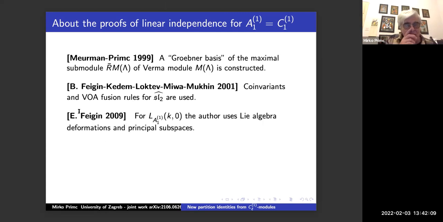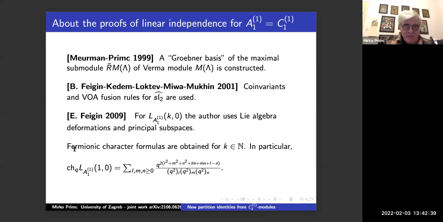And then Evgeny Feigin, for vacuum modules, used something similar to what was used in this previous paper, but he uses Lie algebra deformations and principal subspaces. And our theorem I was mentioning before is really about commutative principal subspaces.